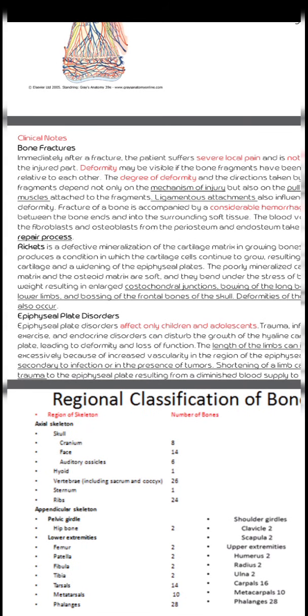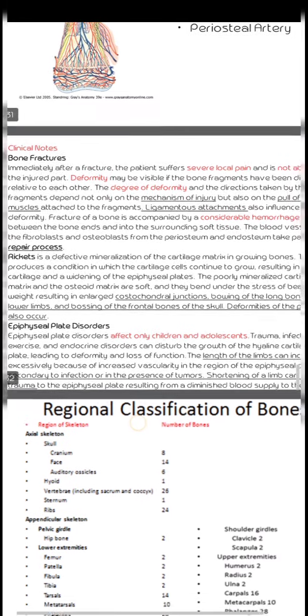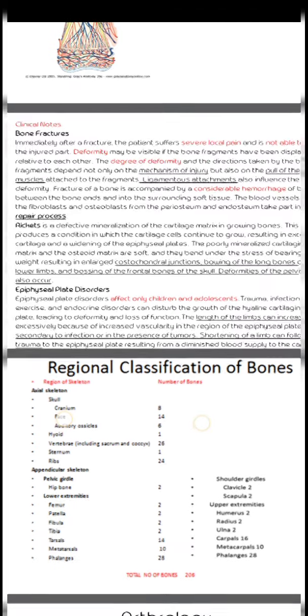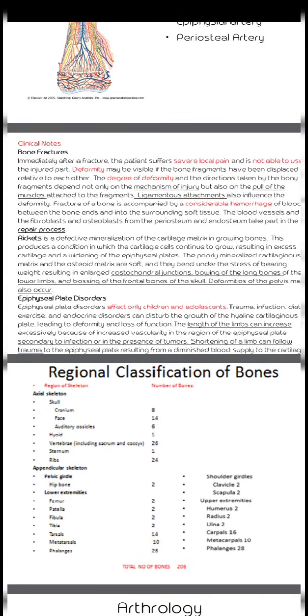If there is a fracture of radius ulna and there is some traction from the back side, the lower part is going to be present above the upper part, like that. Okay, so ligamentous attachments also influence the deformity.